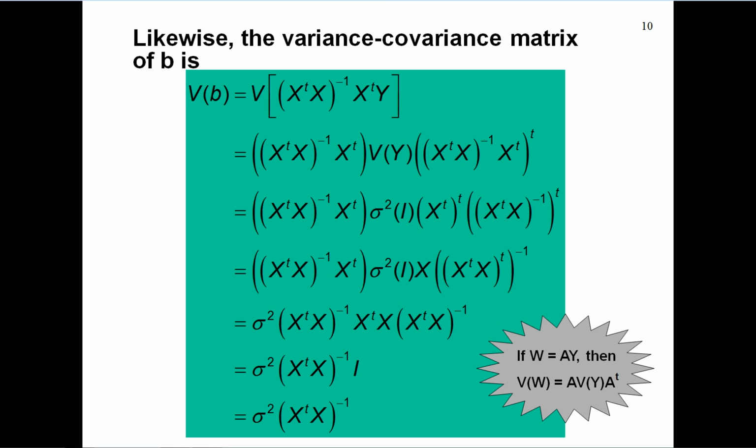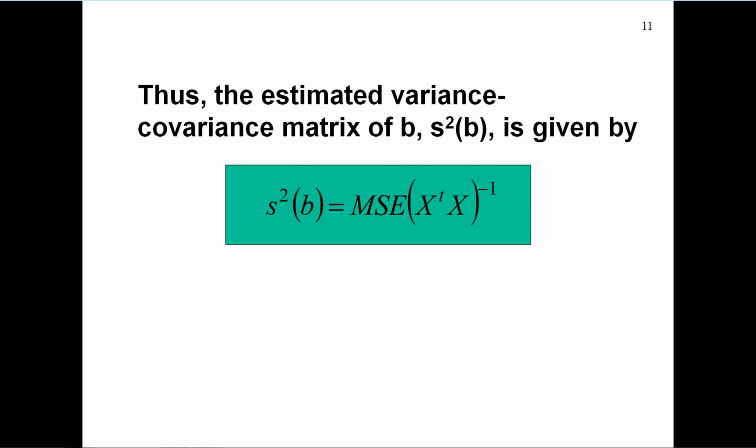So we have to find an estimate for sigma squared, and as we have seen before, a fantastic estimate for sigma squared is mean squared error. In fact, we've demonstrated that mean squared error is not only a great estimate but an unbiased estimator of sigma squared. So our estimated variance covariance matrix is, as you see here, obtained by substituting mean squared error for sigma squared.